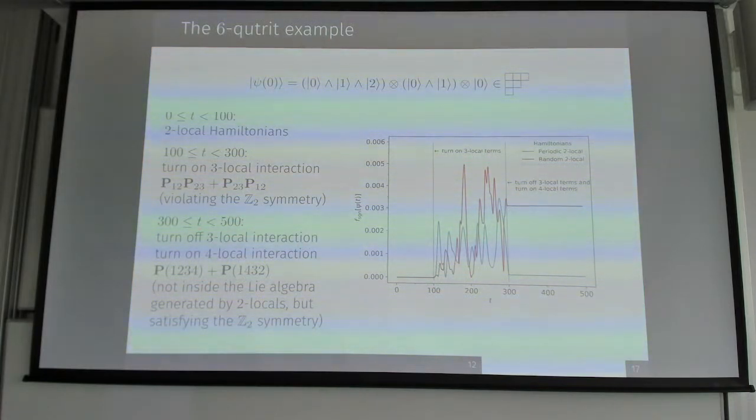Then we turn off the three-local interaction and turn on a four-local interaction, which turns out to be not too local, but it still satisfies the Z2 symmetry. Therefore, it is still conserved. So this quantity characterizes the Z2 symmetry.